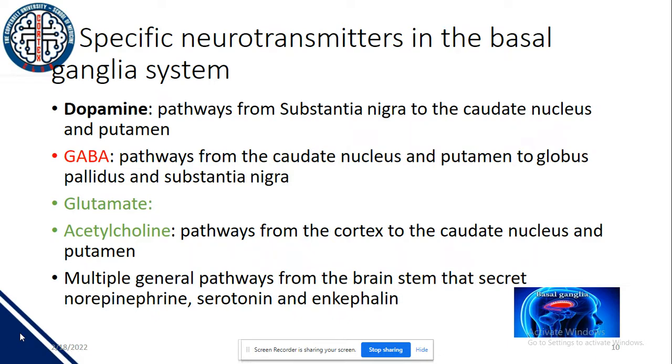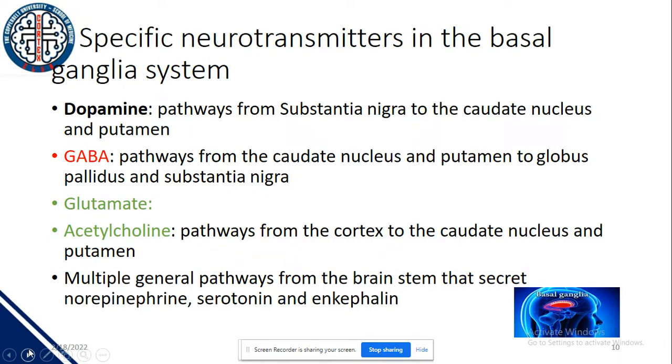So, how does the basal ganglia work? The basal ganglia works with the use of neurotransmitters. The neurotransmitters at play in the basal ganglia system are dopamine, GABA, glutamate, acetylcholine, as well as many others which originate from the brainstem, such as norepinephrine, serotonin, as well as enkephalin.